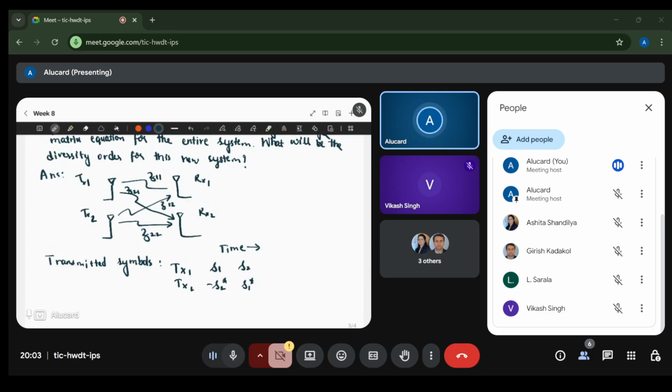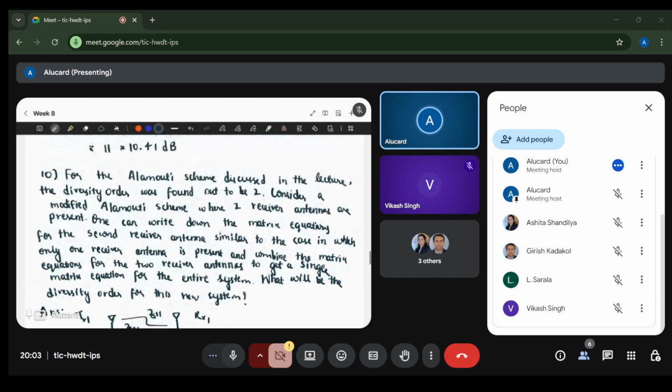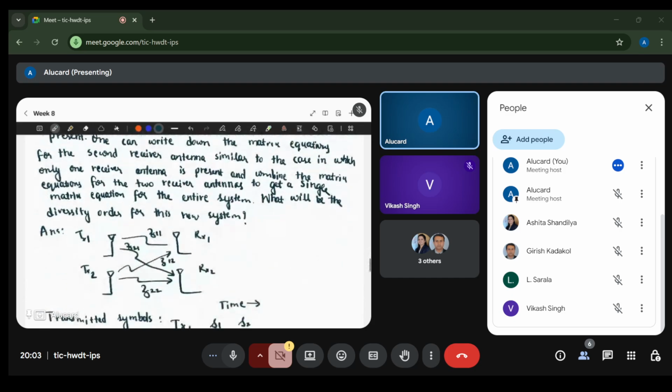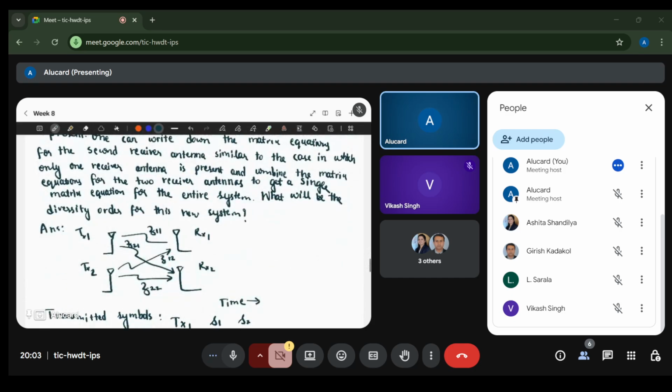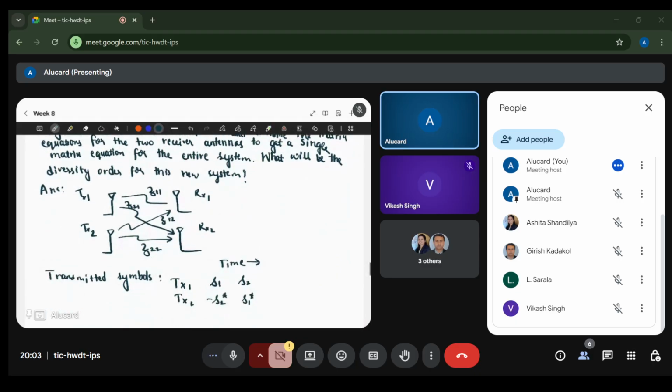So we are simply copying from the Alamouti scheme. There you had only one receive antenna, and the gains were just Z11 and Z21. Here you have two receive antennas. That's the only difference.